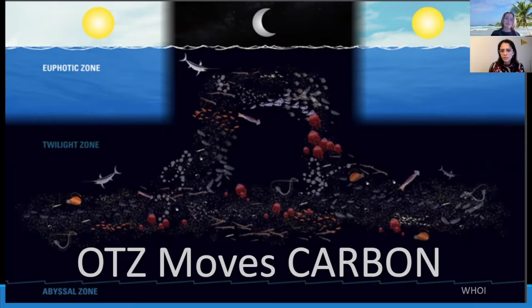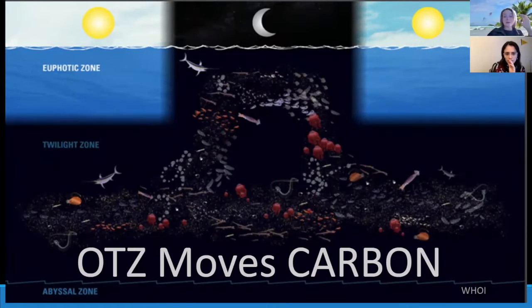The largest animal migration on the planet happens within the ocean twilight zone. Not all of the animals that you find there migrate, but many of them do. When it gets dark, many fish, squid, plankton, and other organisms that we find there swim hundreds, maybe even thousands of meters up toward the surface where the nutrients are, and that's where they feed.